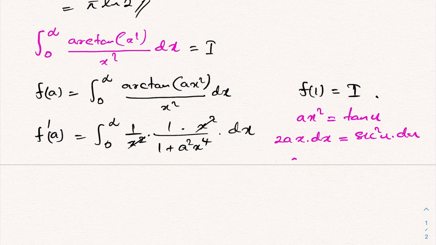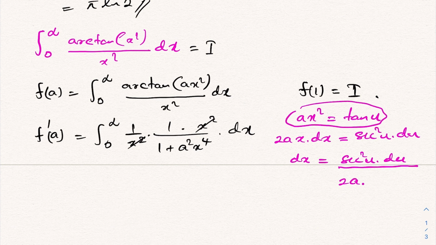Then we can isolate the dx. We know dx is equal to secant square of u times du over 2 times a times x. We can isolate the x: x is the square root of tan of u over the square root of a.